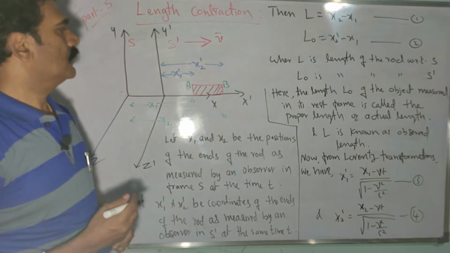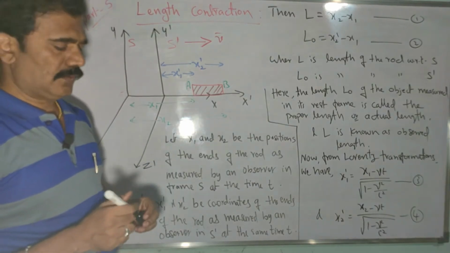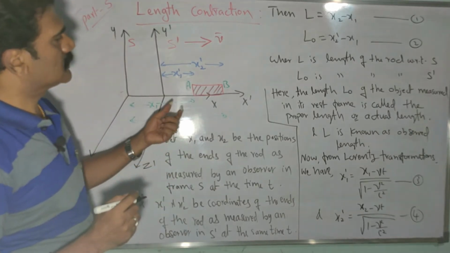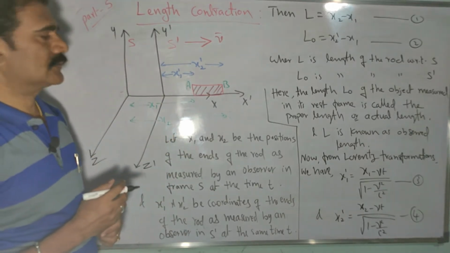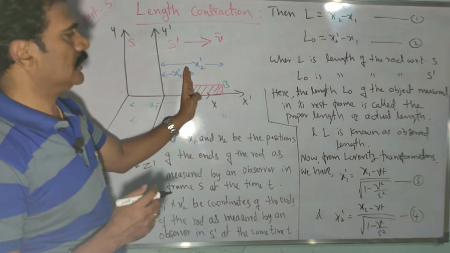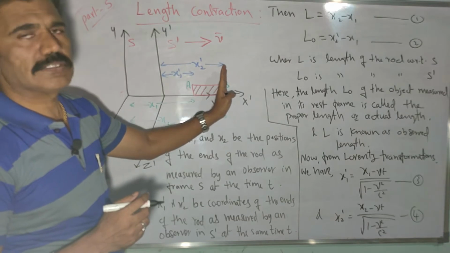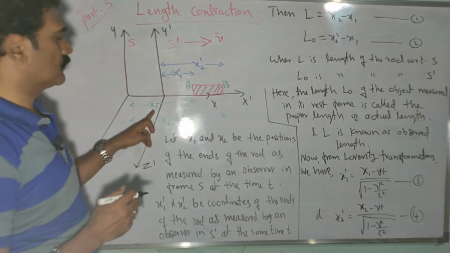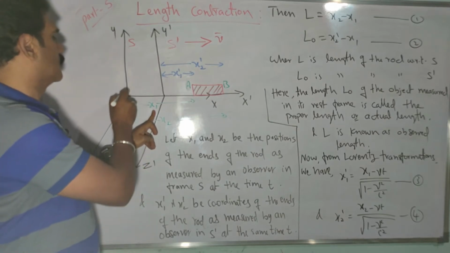Okay, so now I am considering the length of the object measured with respect to S by considering the difference of the coordinates. Consider the left end of the object is A and the other end is B, right? Position A is given by x1 with respect to the observer O, correct?